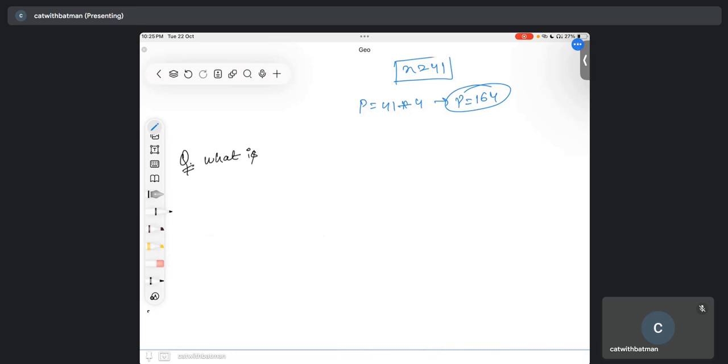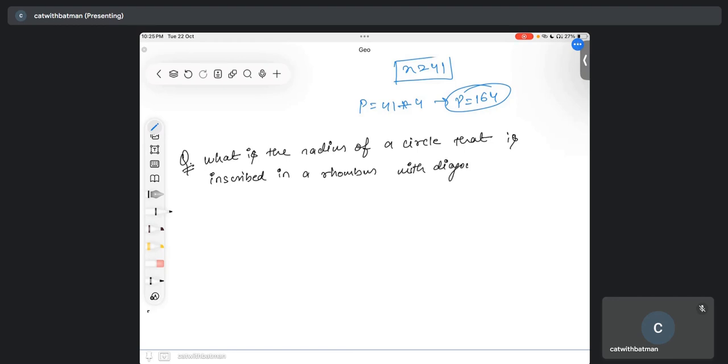What is the radius of a circle that is inscribed in a rhombus with diagonal lengths 10 and 24?